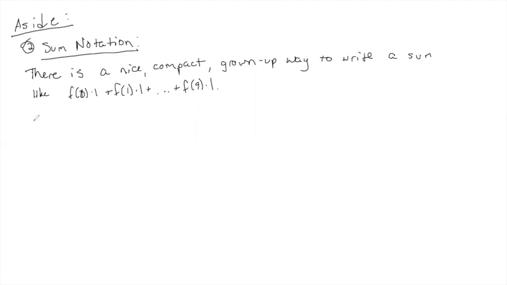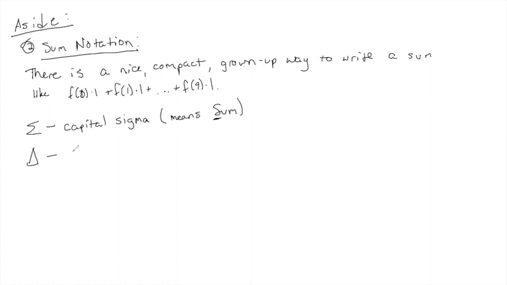So the notation that we're going to be using is a capital sigma. The reason we use sigma is because it means sum. S. Sigma is the Greek S, which I assume you all know.